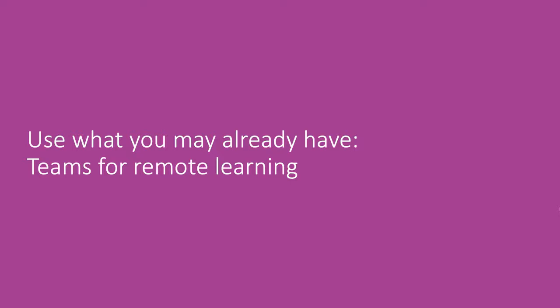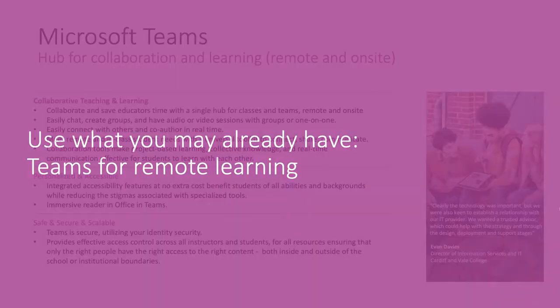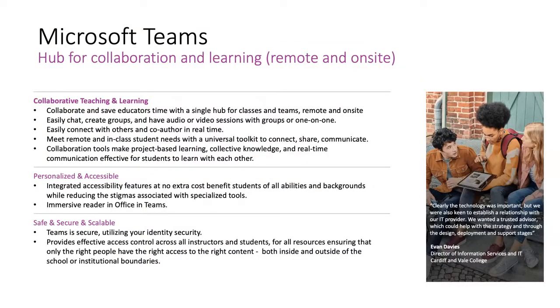But you're likely to have the very baseline of A1 licensing, which will enable the delivery of Microsoft Teams. And Microsoft Teams is Microsoft's answer to delivering a unified collaborative experience for your students and teachers. And it's all around providing the collaborative teaching and learning outcomes that are required to deliver these sessions.